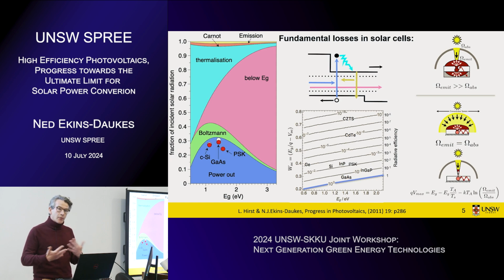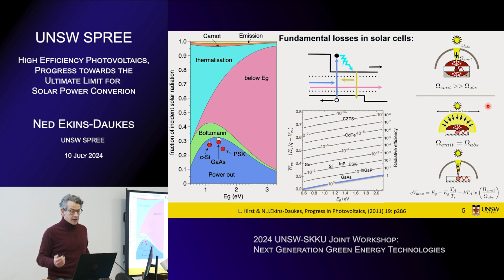And so there's two ways in which you could think of configuring this. One is to build some system of mirrors and lenses where you just flood the cell with light from all directions. And in that way, you're going to beat this Boltzmann loss. And this is why the efficiency of a solar cell goes up when we concentrate sunlight. Or, if you're clever with optics, you could make some kind of filter that prevents the internal radiation from escaping back to the sun.